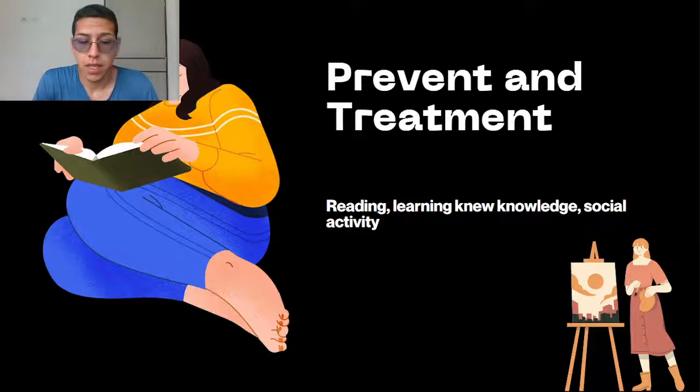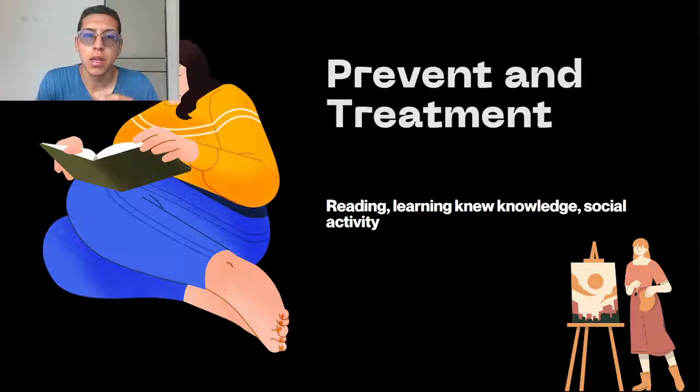Also, as we said before, health is important, so the implementation of a good diet or the reduction of alcohol consumption or of smoking can also prevent the risk of Alzheimer's.